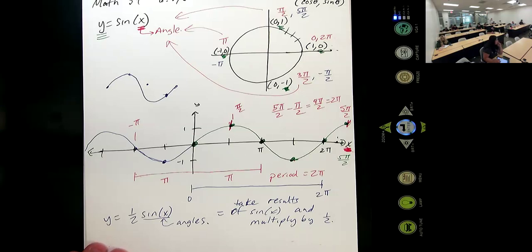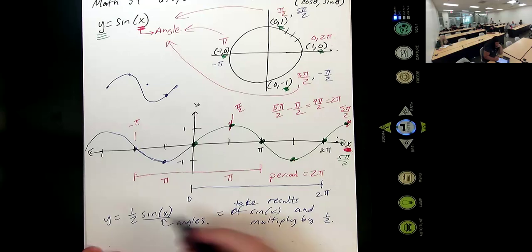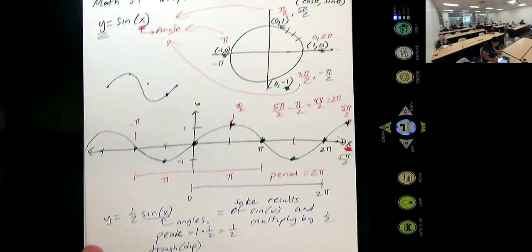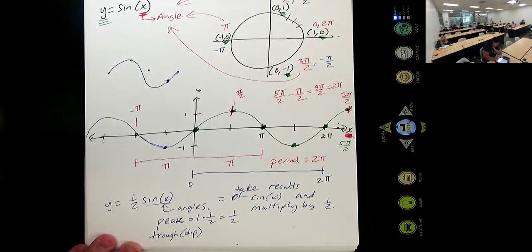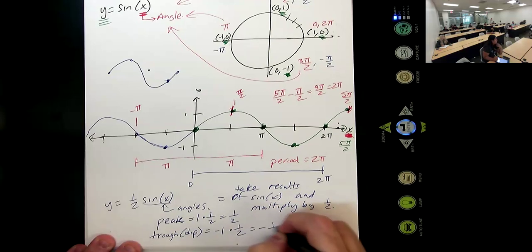So all the zeros times 1/2 don't change. Where you notice the real difference is where you're at your peak and your trough. The peak is 1, and if I multiply it by 1/2, I get a new value, 1/2. The trough or the dip, most people know dip more than trough, is at -1, and if I multiply that by 1/2, I just get -1/2.